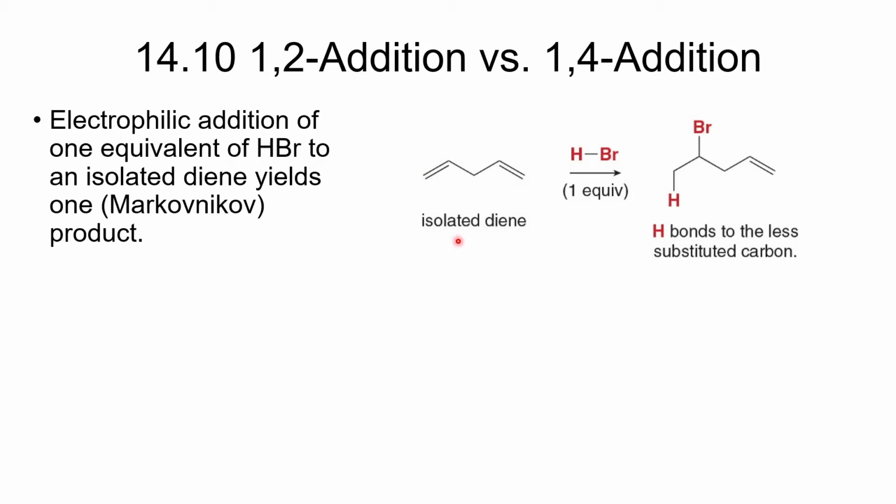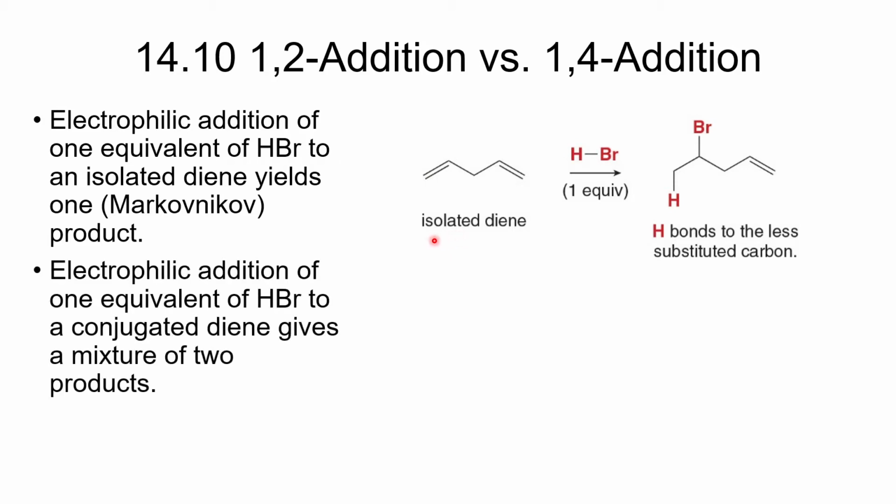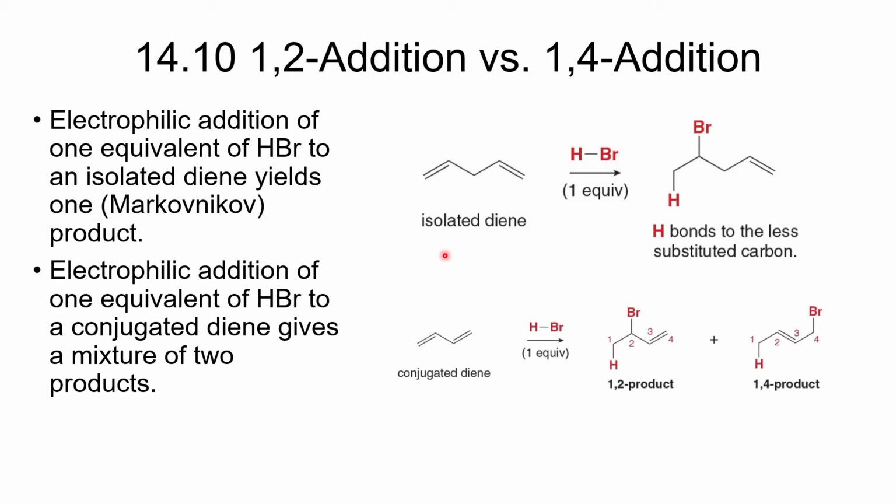So we want to look at what happens when we have a conjugated diene. What happens is that we get more than one product. So here with 1,3-butadiene, when we add one equivalent, we are going to get two products. We're going to get what's called a 1,2 addition product, where the hydrogen and the bromine add across carbon 1 and 2.